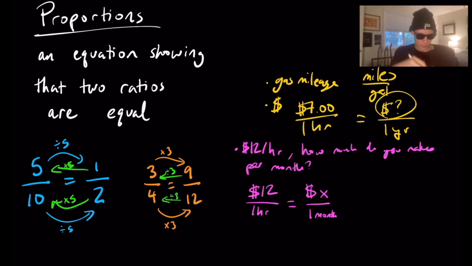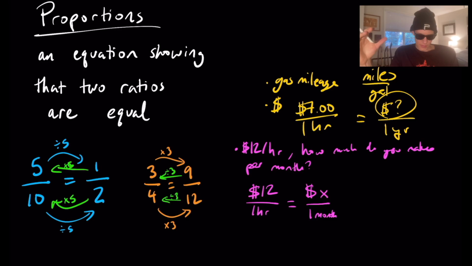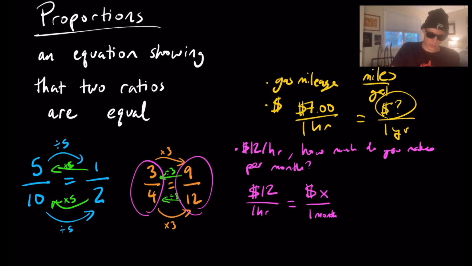So we showed here in these examples that if you can see what you're multiplying your numerator by or dividing it by, or try to find the equivalent fraction, right? Because 3/4 and 9/12 are equivalent fractions, and 5/10 and 1/2, those are equivalent fractions.